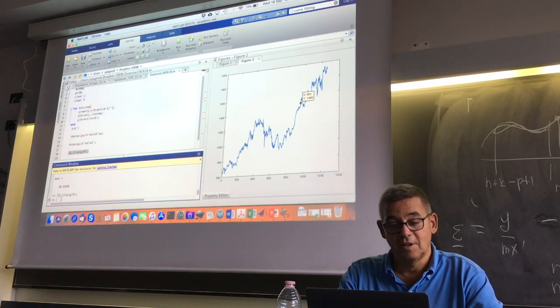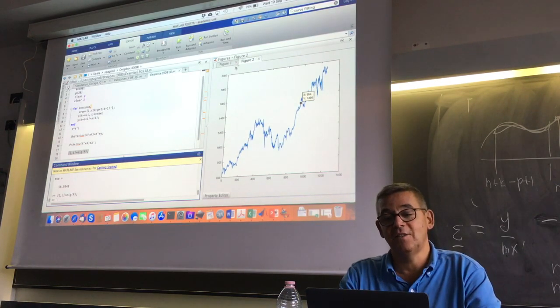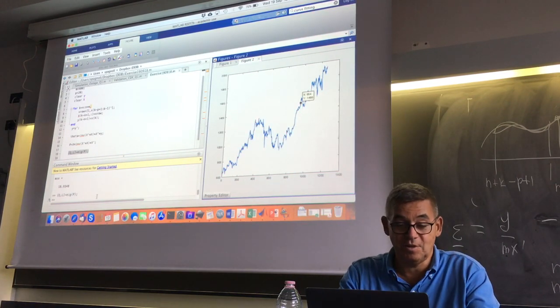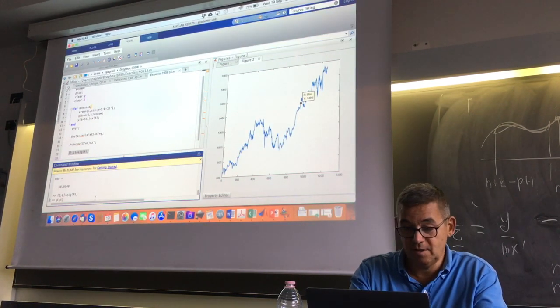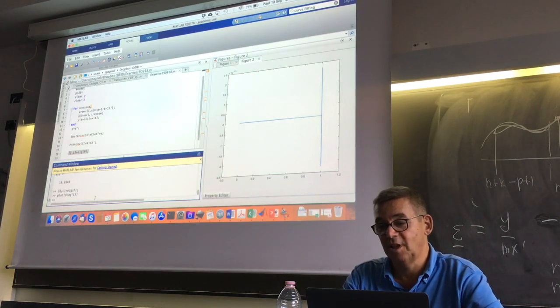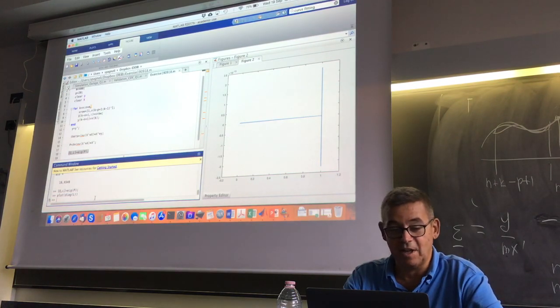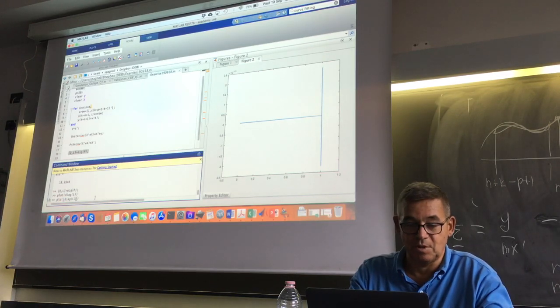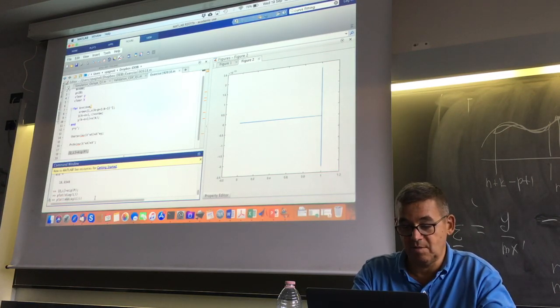Now let's see the behavior of the eigenvalues. If I make a plot of the diagonal of L, I extract the diagonal. Now look at that. These eigenvalues, the absolute value, because there are some complex numbers.